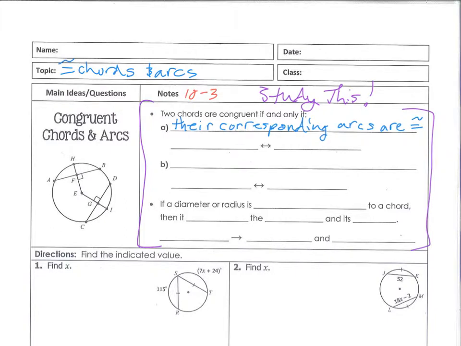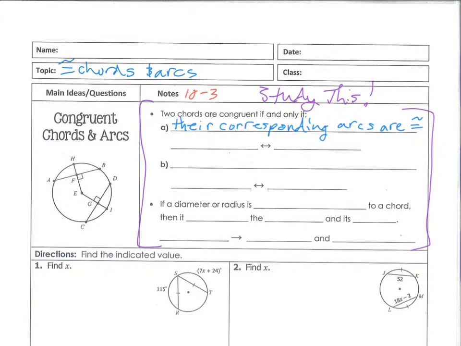So, for instance, if this is chord AB, its corresponding arc is arc AB. If this is chord CD, its corresponding arc is arc CD. So, if this arc from A to B is congruent to this arc from C to D, we can now conclude that chord AB is congruent to chord CD.